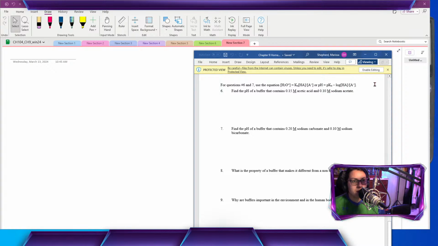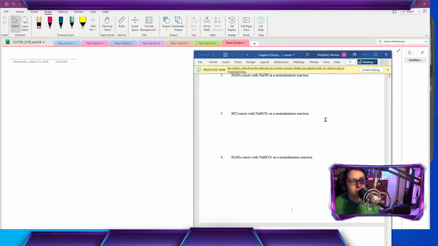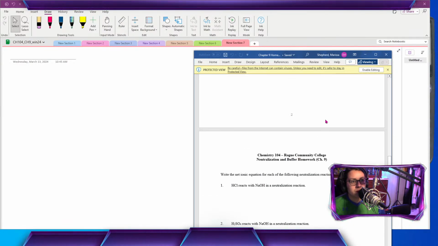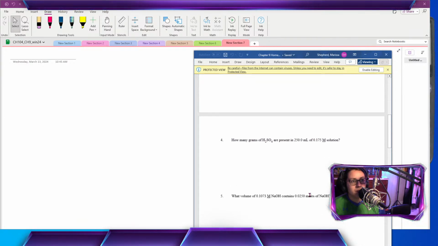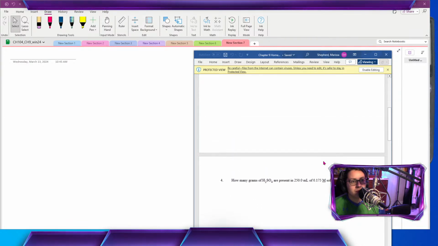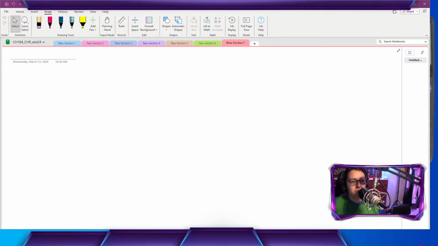So, right, that's acid over base. That's why the homework has a different formula. But those are pretty straightforward. Same thing with these reactions. And then this is molarity. So I think you should be in pretty good shape for your homework.